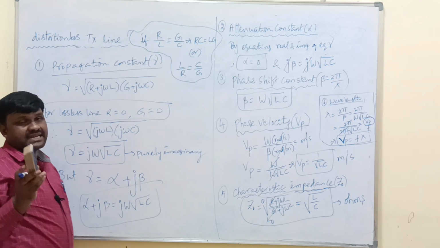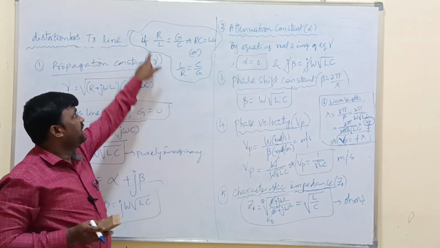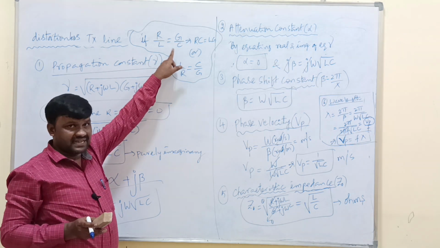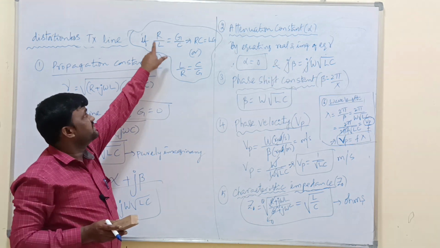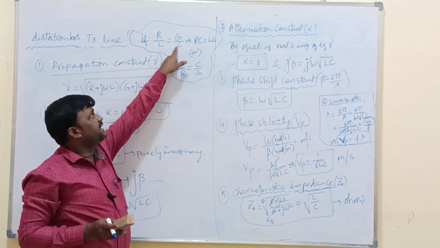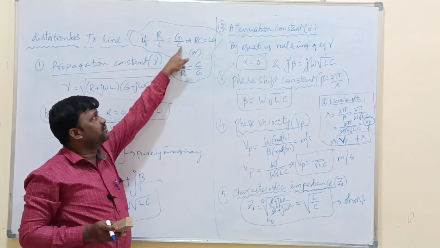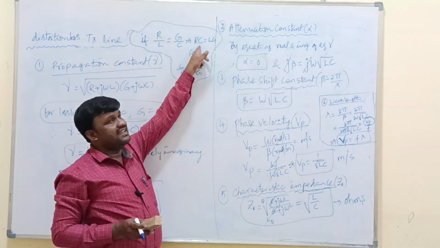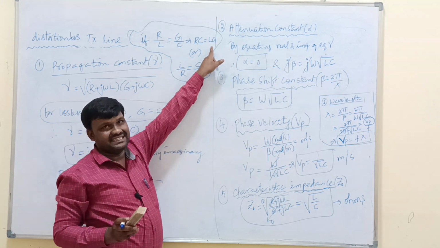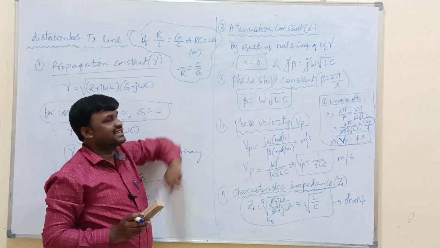A transmission line is said to be distortionless if R by L equal to G by C. This condition should be satisfied, or else R by L equal to G by C can be written, by cross multiplication, as RC equal to LG. RC, Royal Challenge, one of the companies, and LG, that is also one of the companies.